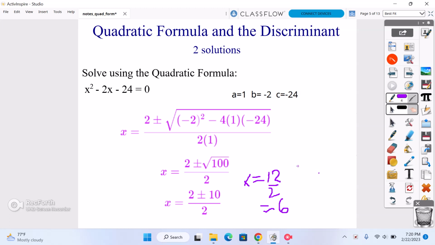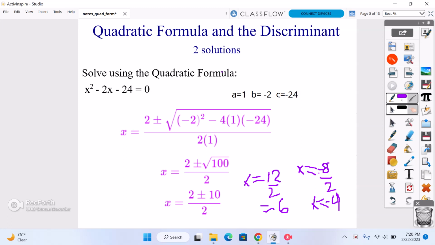And x equals 2 minus 10, which is going to give us negative 8, divided by 2, which is going to give us negative 4. So we know that x equals positive 6 and negative 4.